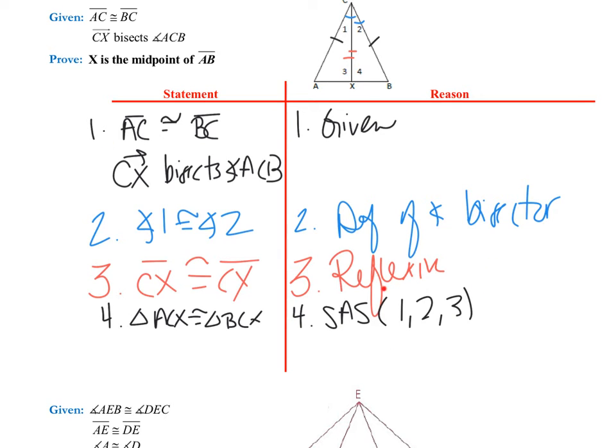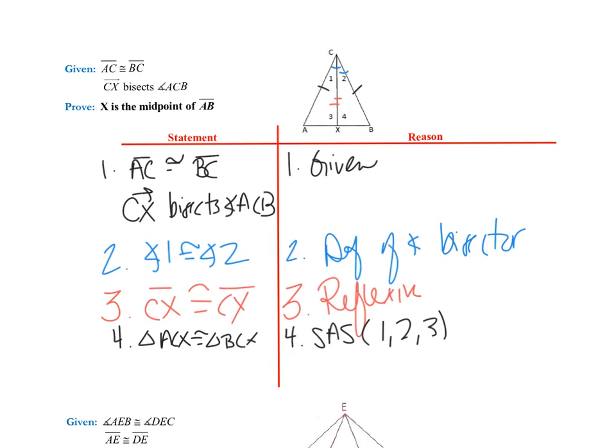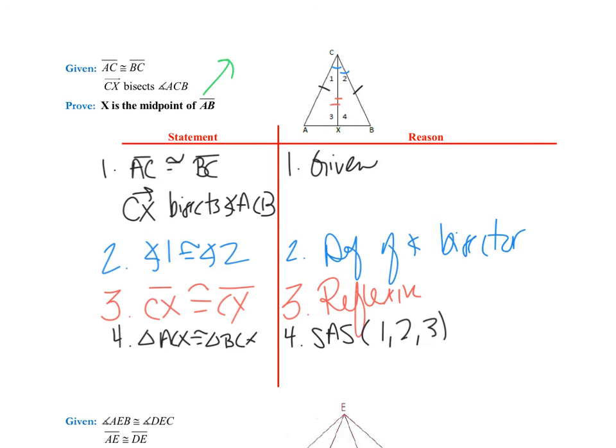Okay, so some of you might be wondering, well, why did we do all that? Because I'm trying to prove that x is the midpoint of AB. So in order to prove that, and maybe take a little active note here, need to prove AX is congruent to BX. So in order to do that, I don't have enough information from the given and from the diagram to conclude that. So instead, I have to prove the triangles are congruent.